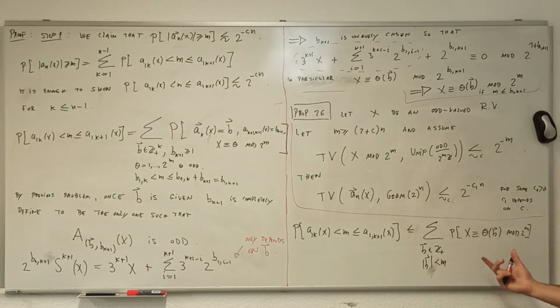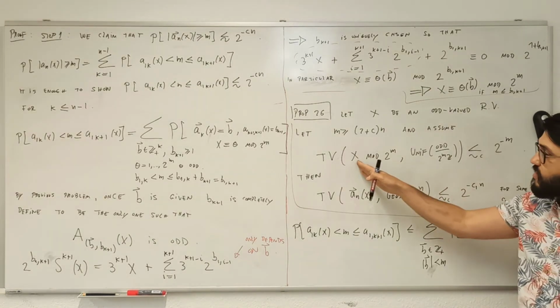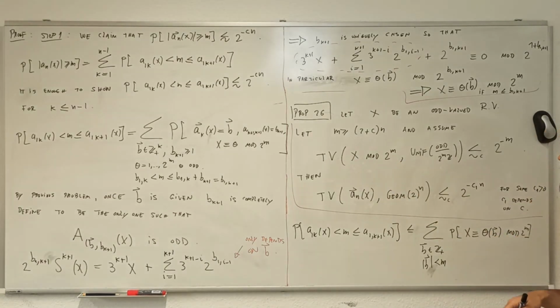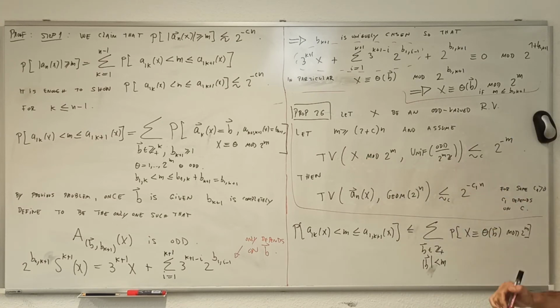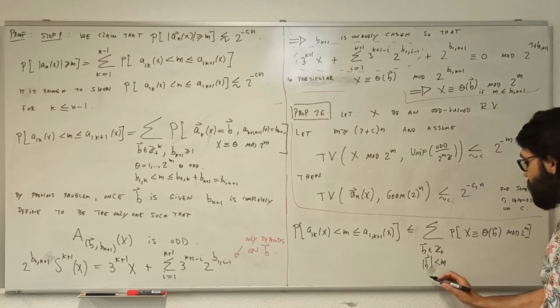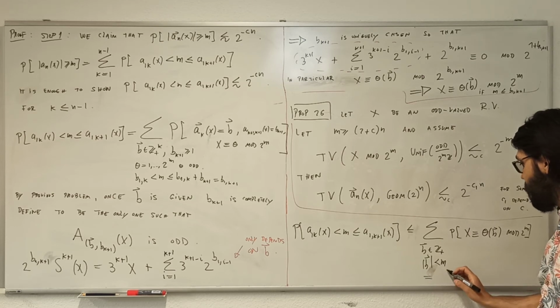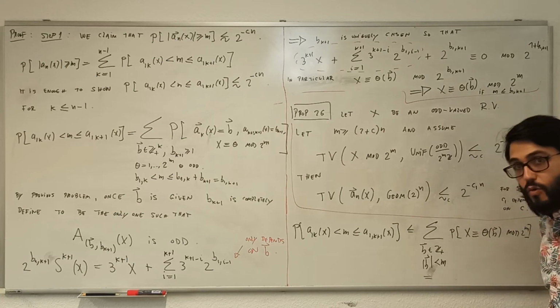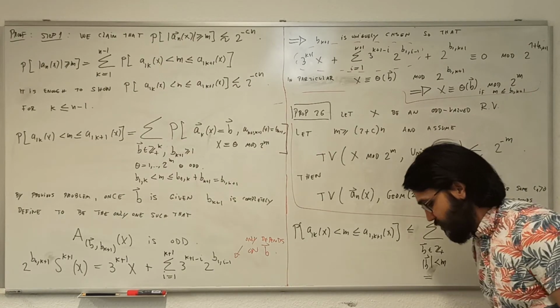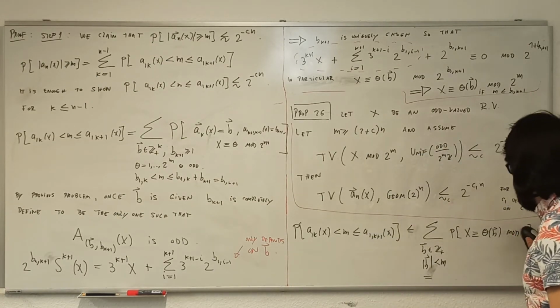But what is this probability? It is the probability of x modulo 2^m being equal to something. But its total variation distance to the uniform distribution is small, so it's close to this. So let me use the smart board here.